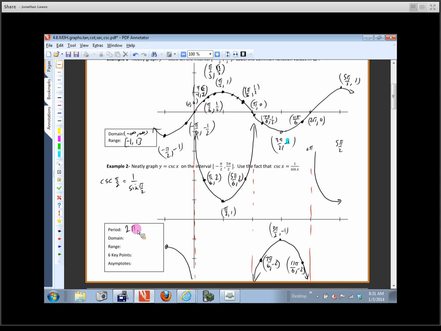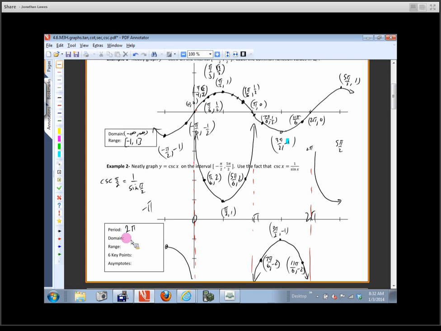What's the domain for the cosecant function? You can plug in anything you want except for, do I get a value right here? Nope. Value right here? Nope. So not at 0, not at π, not at 2π, not at 3π, not at negative π over here.